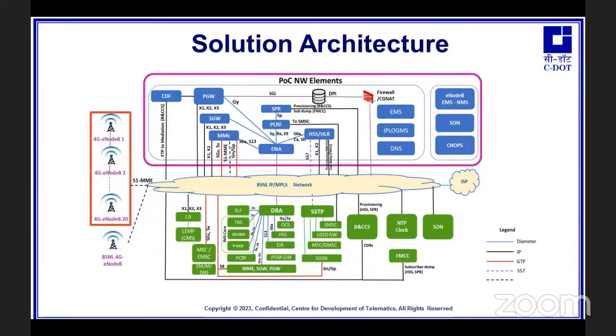But the thing is that in case of deployment, TCS is providing the PTP clock, so we are using that PTP clock in the network. So this is the solution architecture which we are going with. If you have any queries on that, you can ask. Otherwise, I can move forward to the next slide.